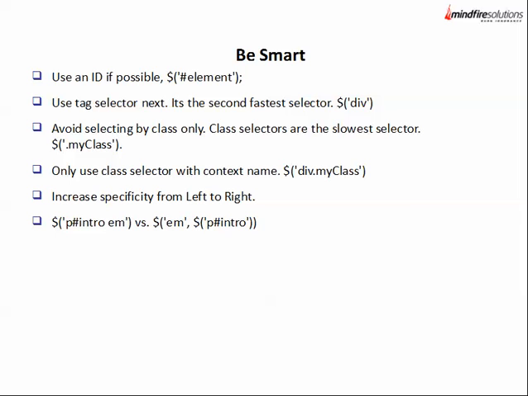Context means that when you use a class selector, you mention a group of HTML elements that have that class, but you want to run some code on a specific group. Maybe I have a div and a span, and both have the same class, but I want to run the code for the div. So I mention div.myclass. That is the context. So in the second line you see, only use the class selector with a context name like div.myclass.